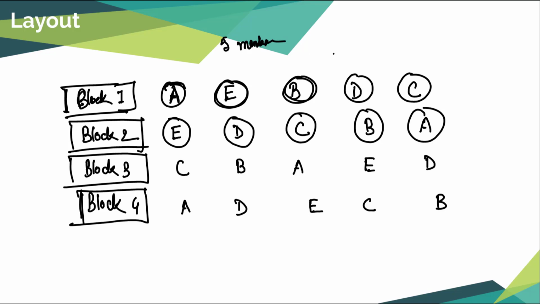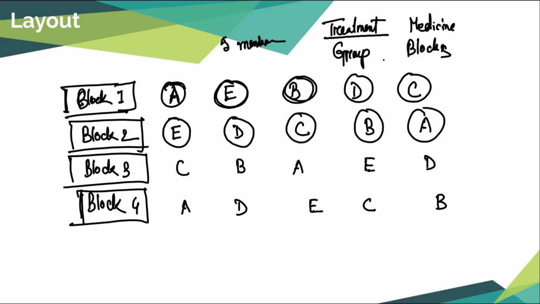So here we have 2 factors. One is treatment, or in this example, medicine. Another is group, or blocks, right? We have treatment and blocks. In this example, we have medicine and group of patients, right?